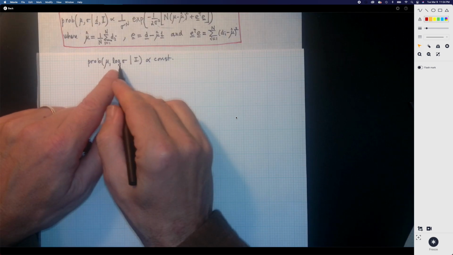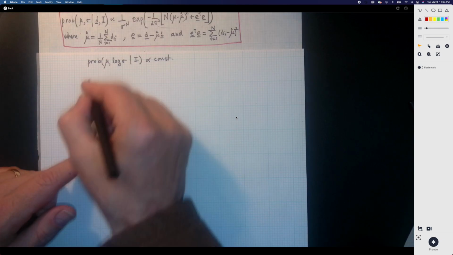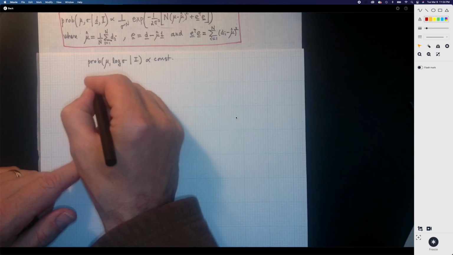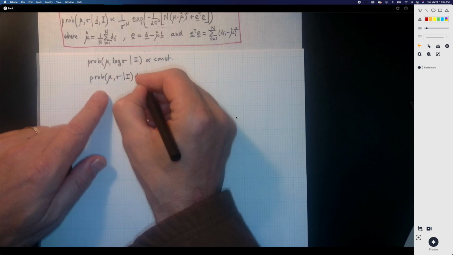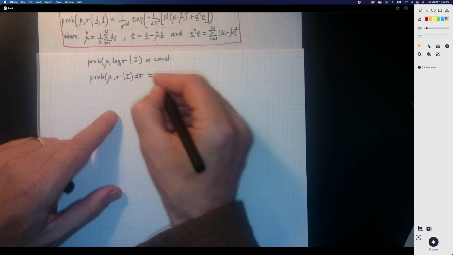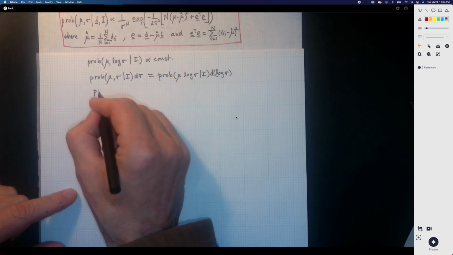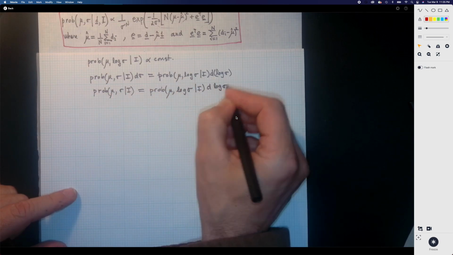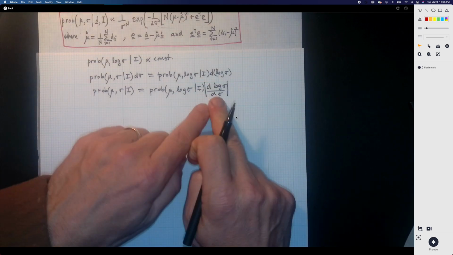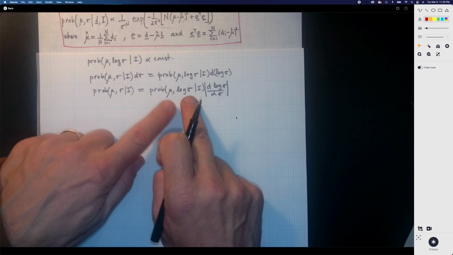So assuming a flat prior in the log of sigma is known as a Jeffreys prior. And so we're going to rewrite this in terms of sigma, and this d sigma should be equal to, this is the Jacobian for the transformation of variables from sigma to log sigma.